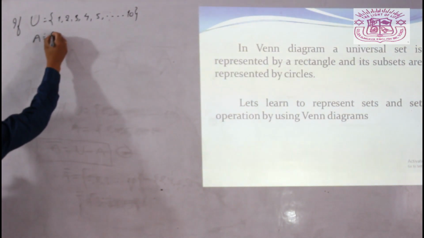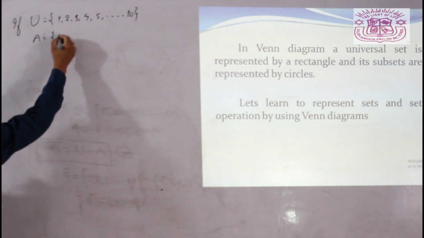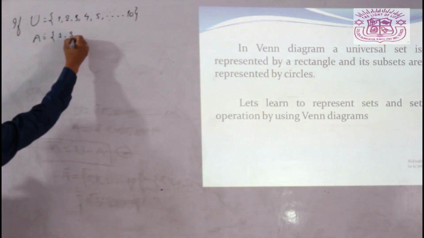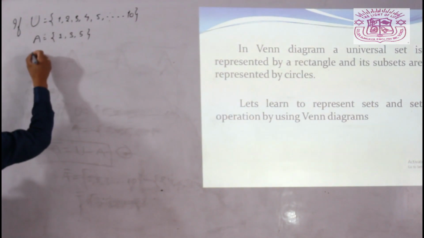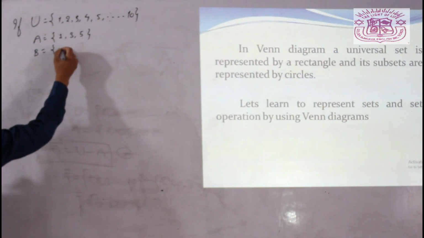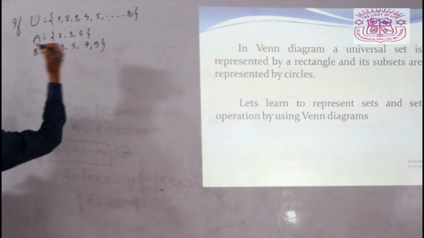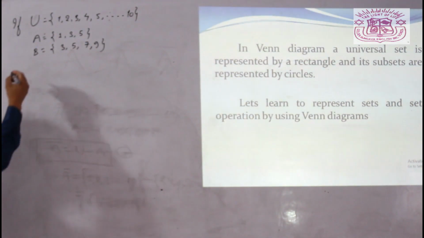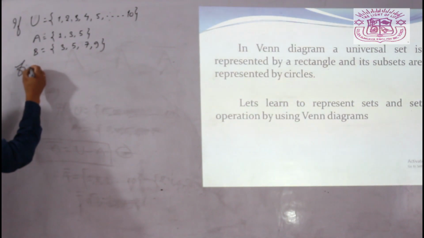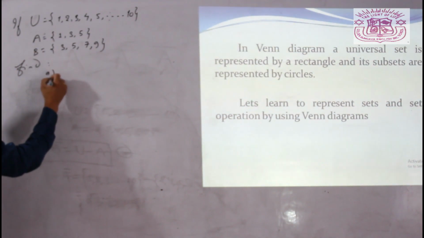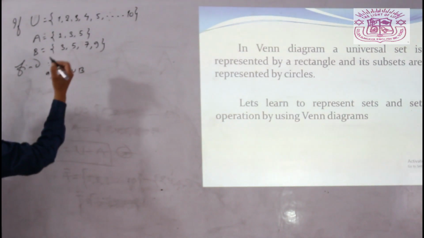A equals 1, 3, 5. B equals, let's say, 3, 5, 7, 9, and this much. Now find, let's say, A union B.